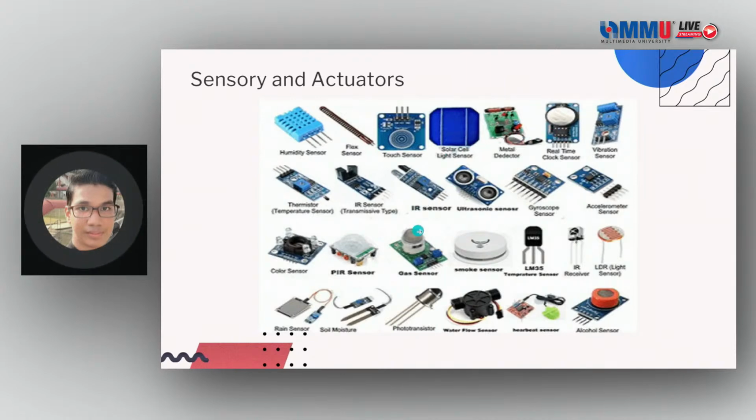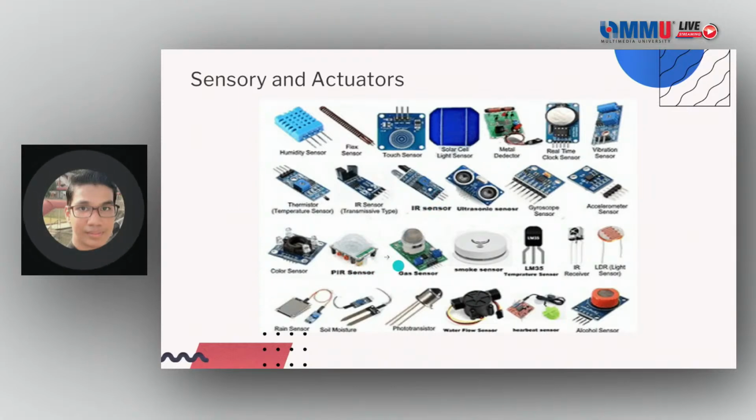Right, so there are a lot of other sensors, but the most popular sensors that we can find on Google or in any IoT project are the DHT11 sensor, the blue one, and then we have the ultrasonic sensor. The ultrasonic sensor is also among the popular sensors that we see. What the ultrasonic sensor does is detect the range of an object over a distance.